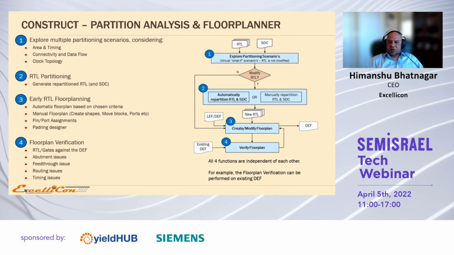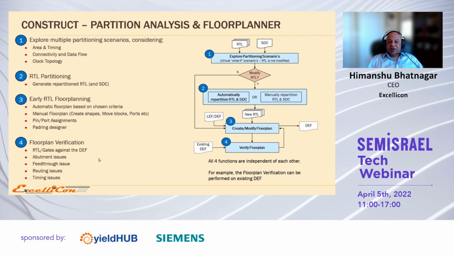Today the flow is you have to synthesize, then go into floor planning, and then come back and do the physical synthesis. You can eliminate all this by doing RTL floor planning, and you can create shaped, movable blocks, or you can automatically tell the tool, you tell me what the right floor plan is.